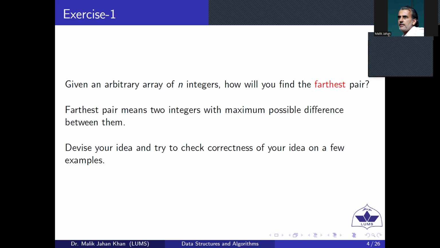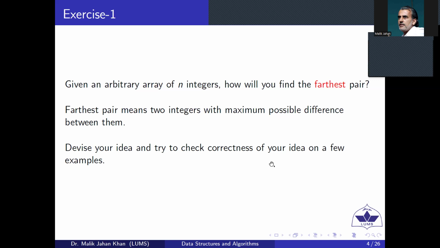How will you find the farthest pair of two integers given an array of n integers, and those integers have been given in any order? So devise your idea and try to check the correctness of your idea on a few examples. Does that really work?